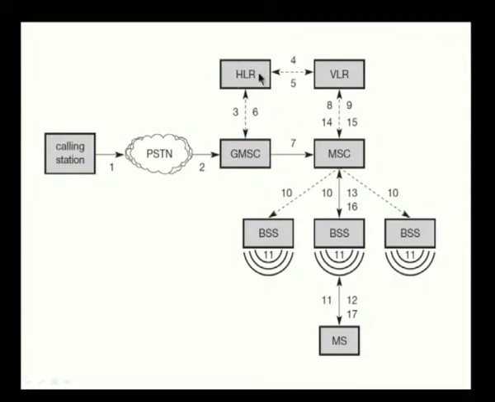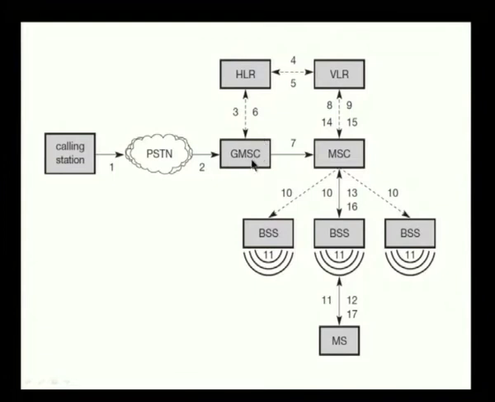In the fourth step, the HLR will identify whether the number exists or all the requested services are subscribed. Once that confirmation is over, the HLR will contact the visitor location register. The visitor location register is responsible for giving all the current location information about the mobile station. In the fifth step, the VLR gives the information to the home location register, so that in the sixth step, the HLR will give all the information to the gateway mobile switching center.